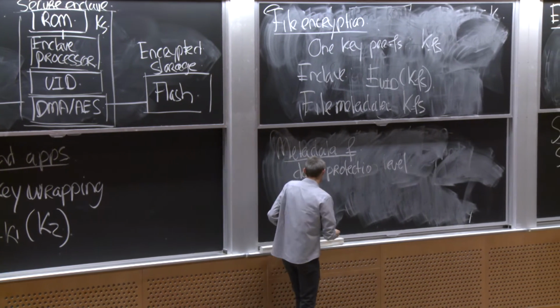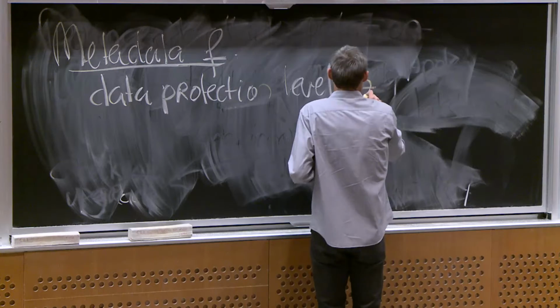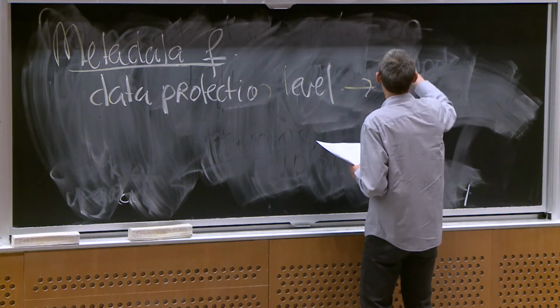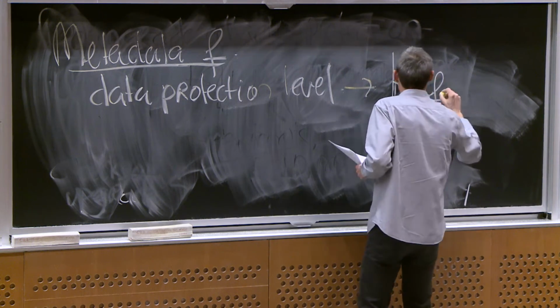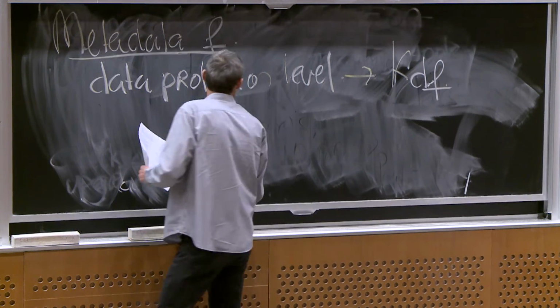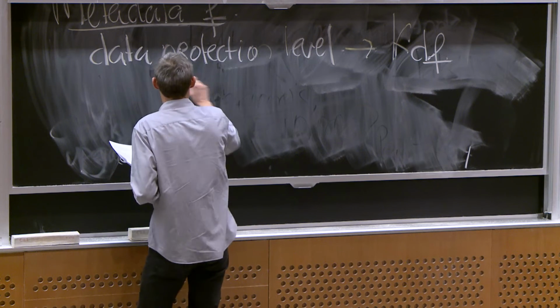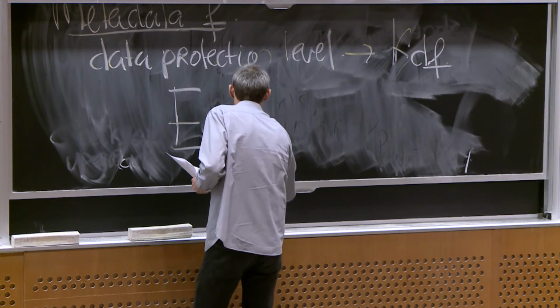And this data protection level, as we'll see in a second, produces different keys, or is tied to different keys. These are called the data protection file keys, KDF. And the actual file key itself, KF, is encrypted using that KDF.